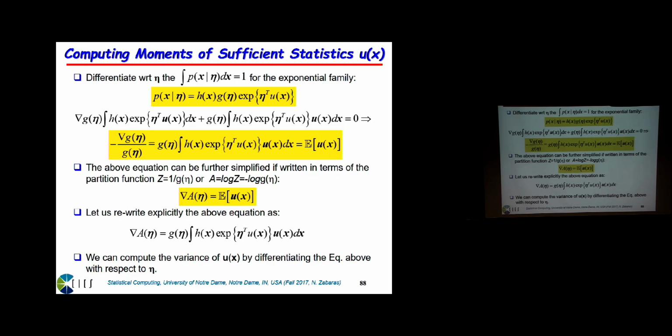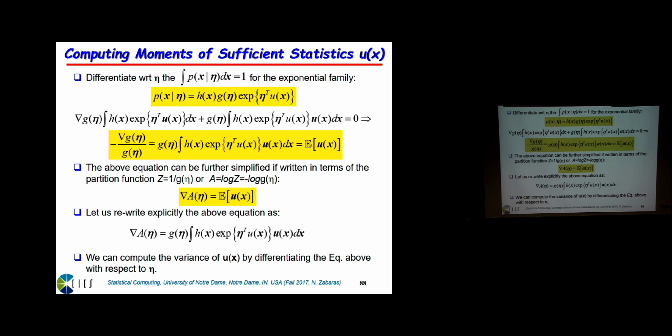We agree? All right. So do the following. Multiply here by g and divide by g. What is g times this integral? This integral times g, how much is that? 1.